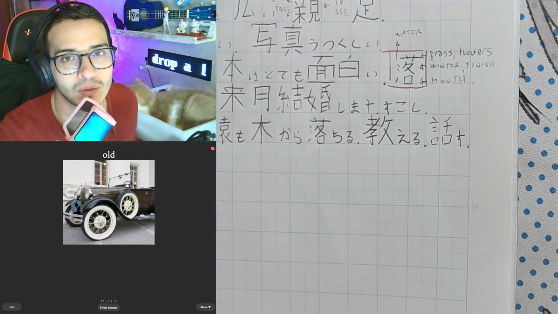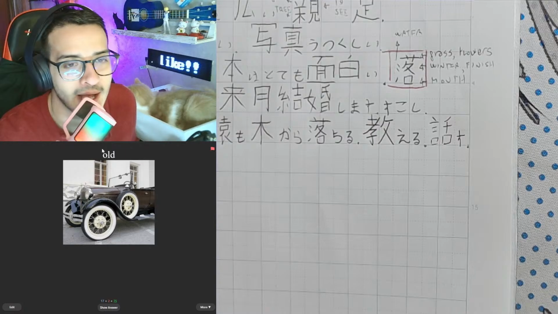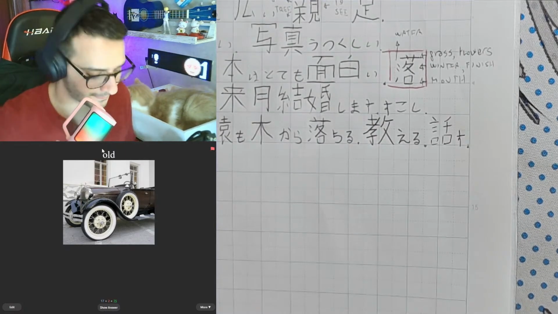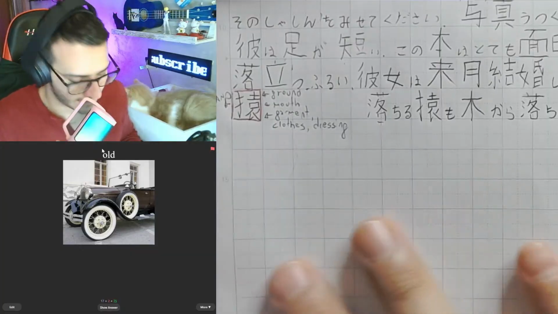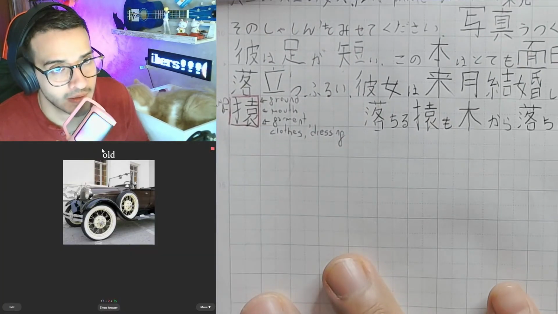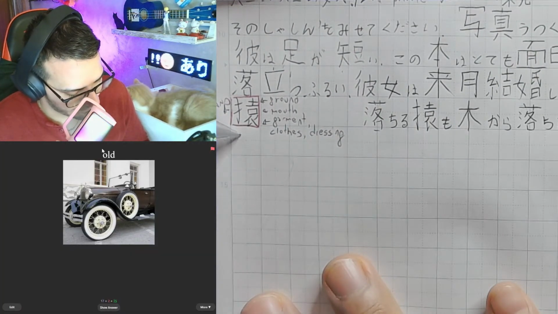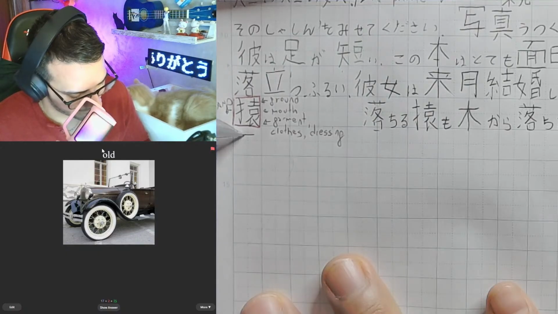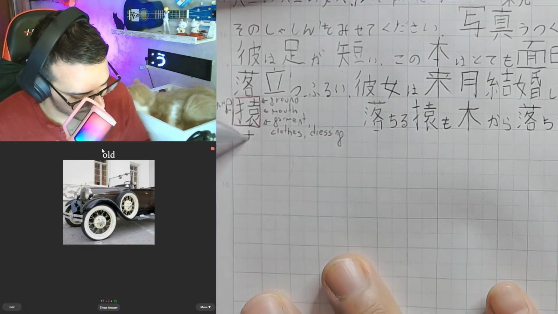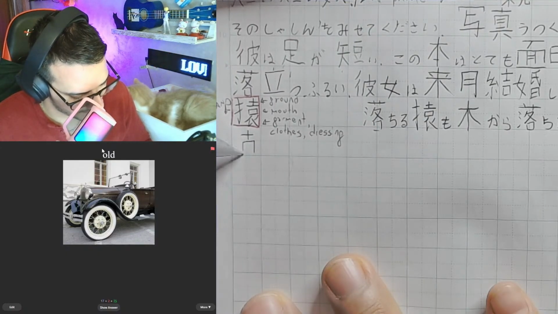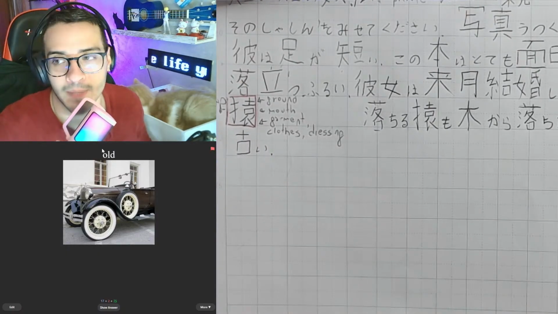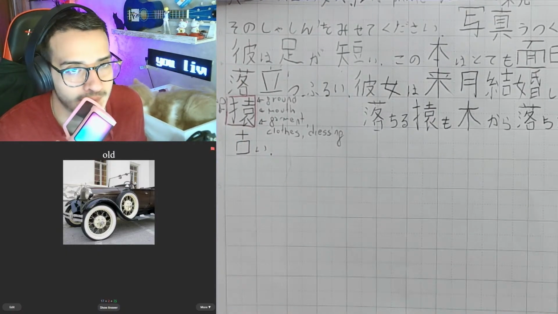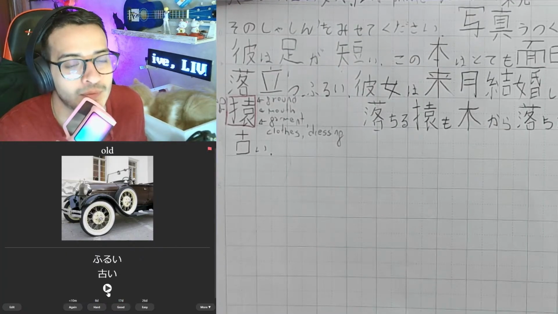Alright, how do we say old in Japanese? Old is 10 mouth, 古い.